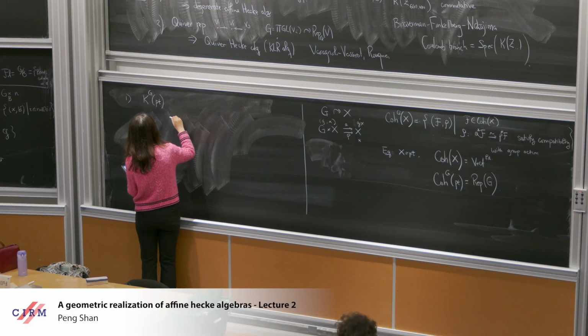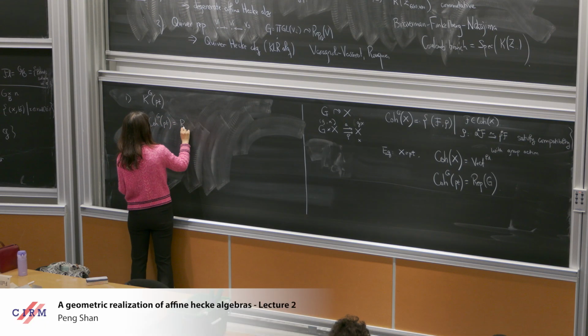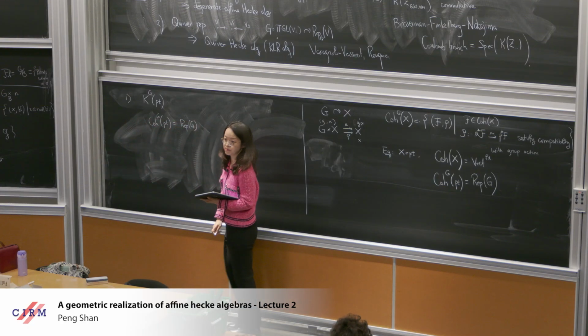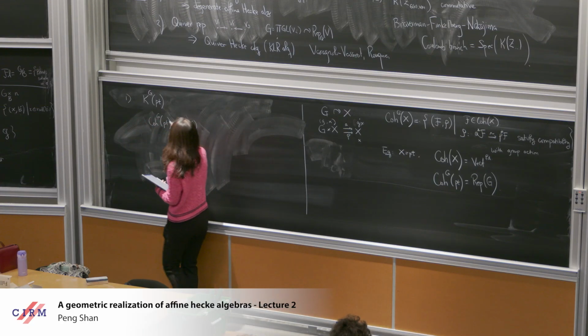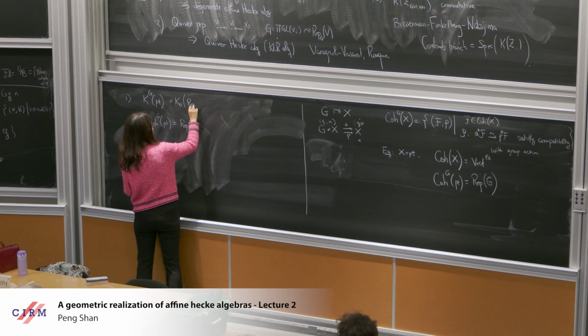As I mentioned already, a G-equivariant coherent sheaf on a point is nothing but a representation of G. So this is just the Grothendieck group of representations of G.